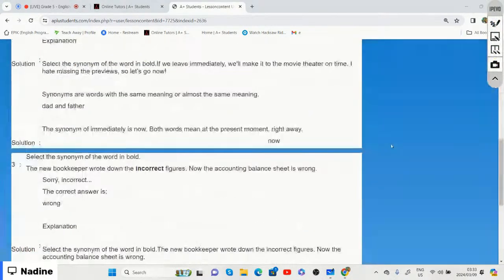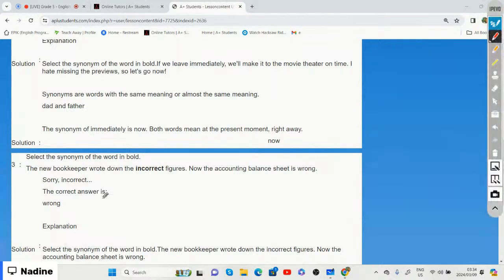And incorrect. All right. So incorrect. If something is incorrect, if it's not correct, it says the new bookkeeper wrote down the incorrect figures.